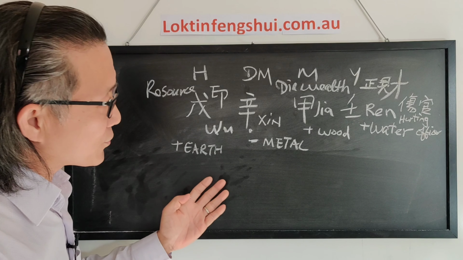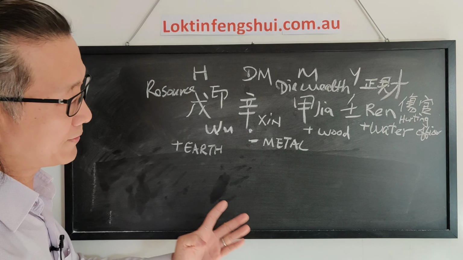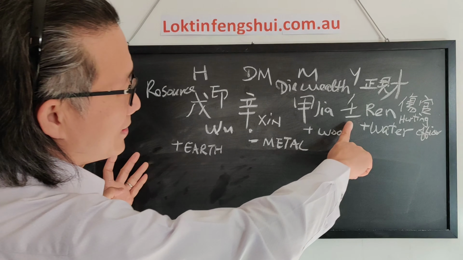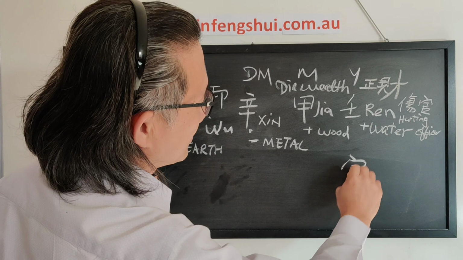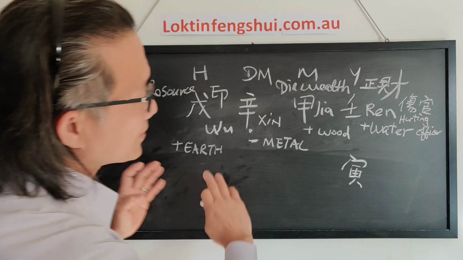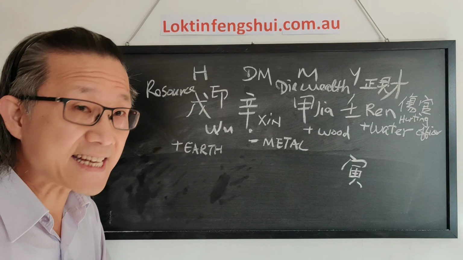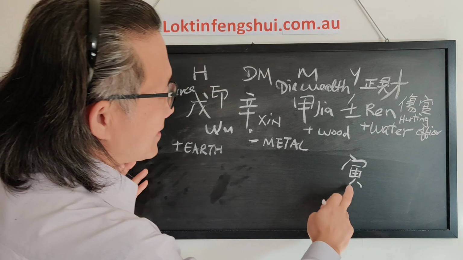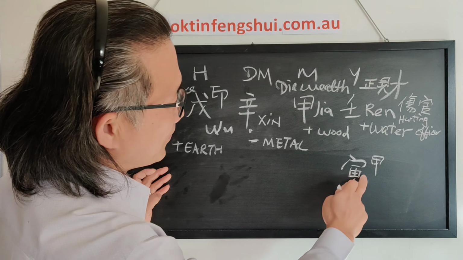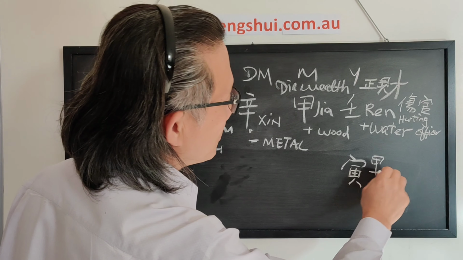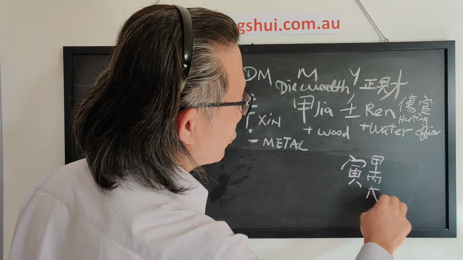So the branch, let's say, if there's a 人 tiger. The branch is 人 tiger. Remember, we talked about the hidden stem. The jia is in there, in the yin. So jia, the bin, and the wu.